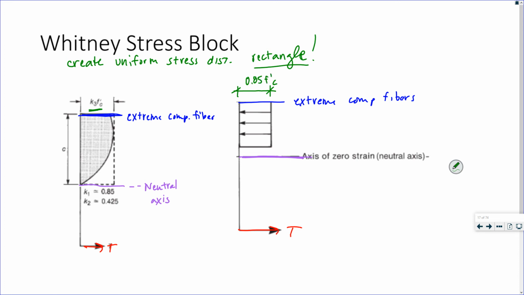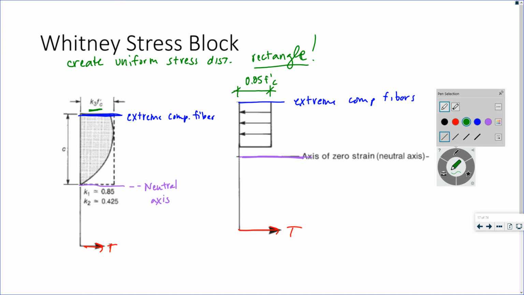So 85% of my compressive strength. That is the uniform compressive stress.